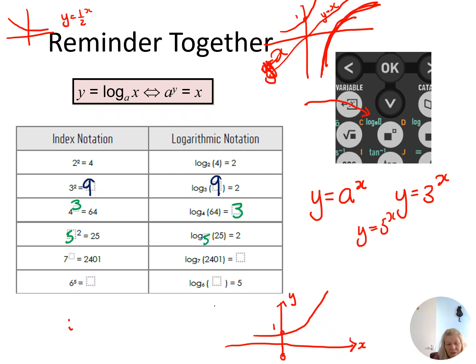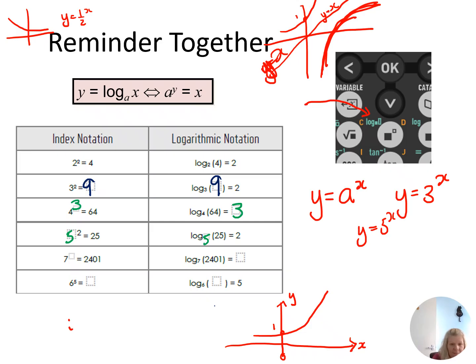Do I know that 7 to the power something is 2401? No, I don't. Oh dear. I think I'll have to play with that on my calculator, or I can put this log into the machine. Here, I'll just enter this into the calculator.